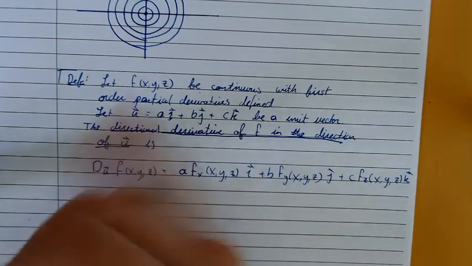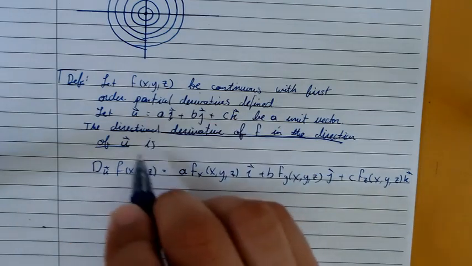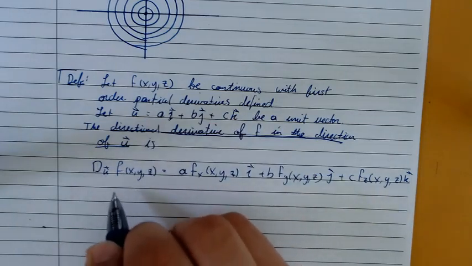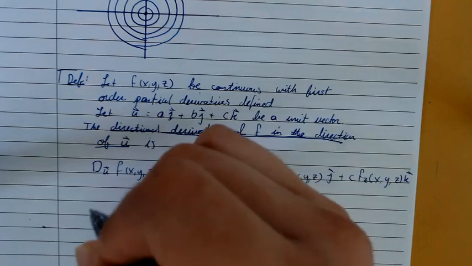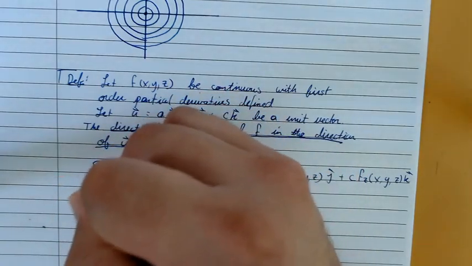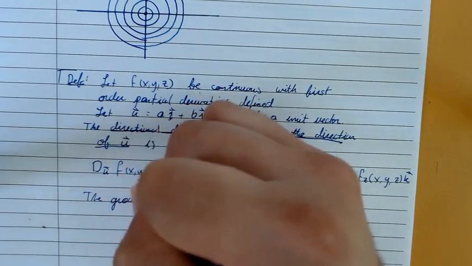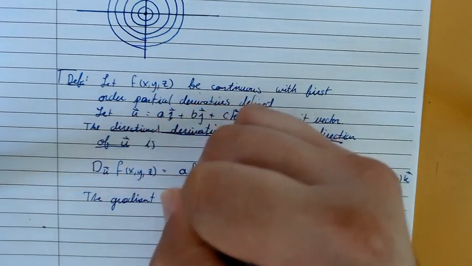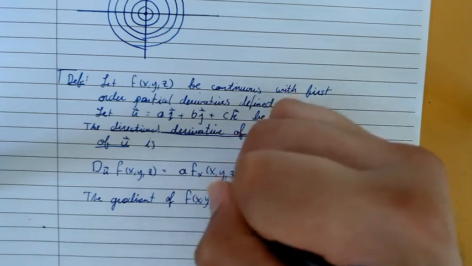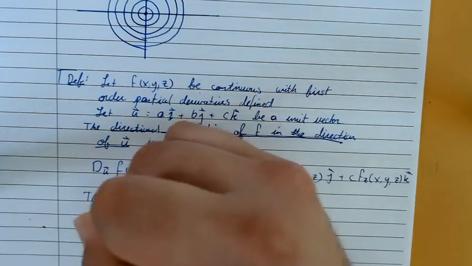So if we want to maintain the same notation of the directional derivative as being the gradient of f dot u, then we have to define the gradient as follows. The gradient of f of x comma y comma z is, we're going to use the same notation.